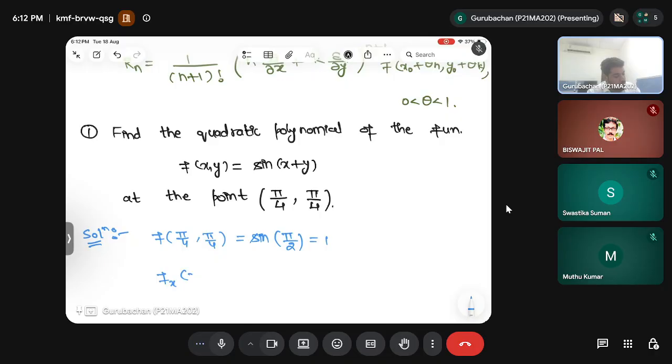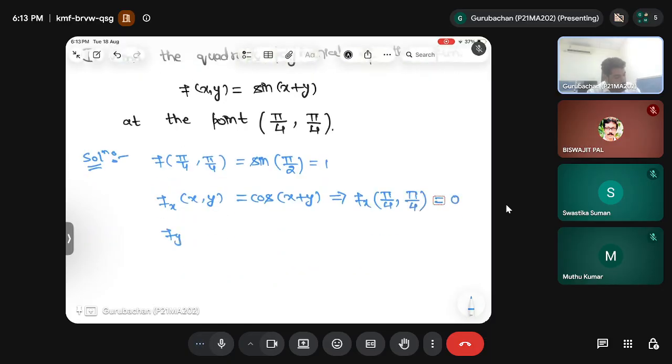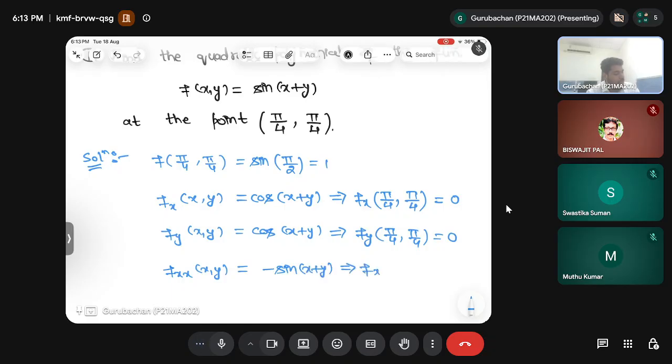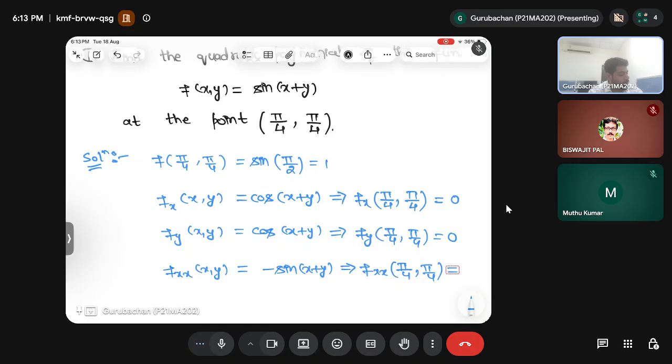The partial derivative f x is cos of x plus y, so at pi by 4 comma pi by 4 this will give you the value 0 because cos pi by 2 is 0. f y is also cos of x plus y, so at pi by 4 comma pi by 4 this will also be 0. f xx is minus sine of x plus y, so f xx at pi by 4 comma pi by 4 will give you the value minus 1.